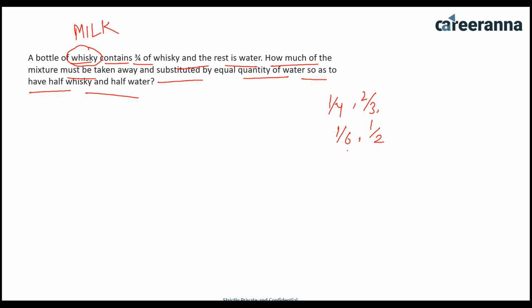One more option we need. 1 by 3, Anushka. Okay, I have 5 options. Only one of you is correct, and the answer is 1 by 3. Very good, Anushka.